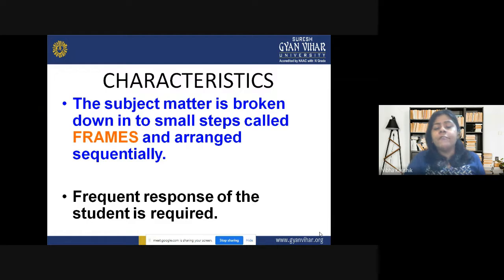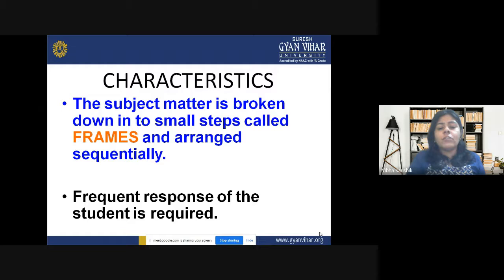Now, the different characteristics. The subject matter is broken down into small steps. In this method of teaching, the subject matter is broken down into small steps called frames, and arranged sequentially, meaning it should be arranged in a proper sequential order.